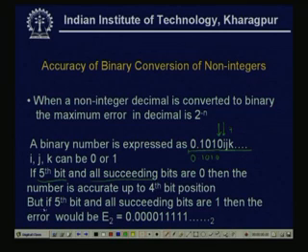Now, if the 5th bit and all succeeding bits are 1, then the error would be 0.0000 and then these are all ones. So, actually these are not zeros. If they are 0, we can easily discard those values, but if i, j, k are 1, then I cannot discard them, and then actually I am approximating those values. So, there must be some error introduced in the binary number. And what is that error?